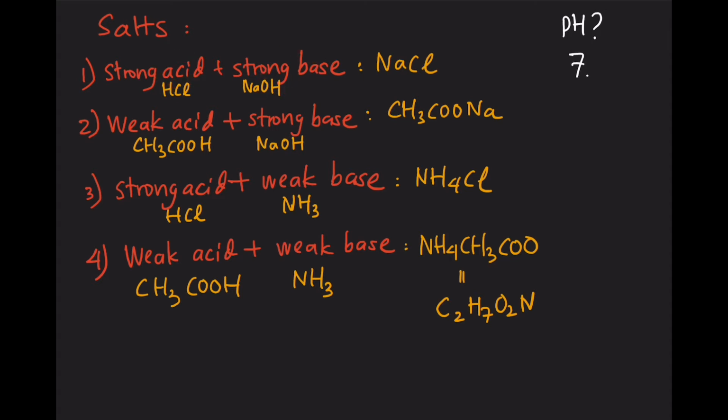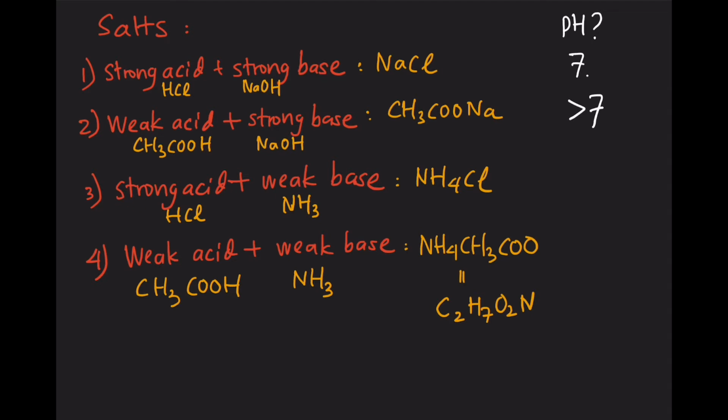Next up, we have the sodium acetate, or NaCH3COO, and this is a salt that comes from a weak acid and a strong base. So CH3COOH, or acetic acid, is a weak acid, and NaOH again is a strong base. Together they will form this salt, and these types of salt will have a pH that is higher than 7. We will see how we can calculate them in a bit.